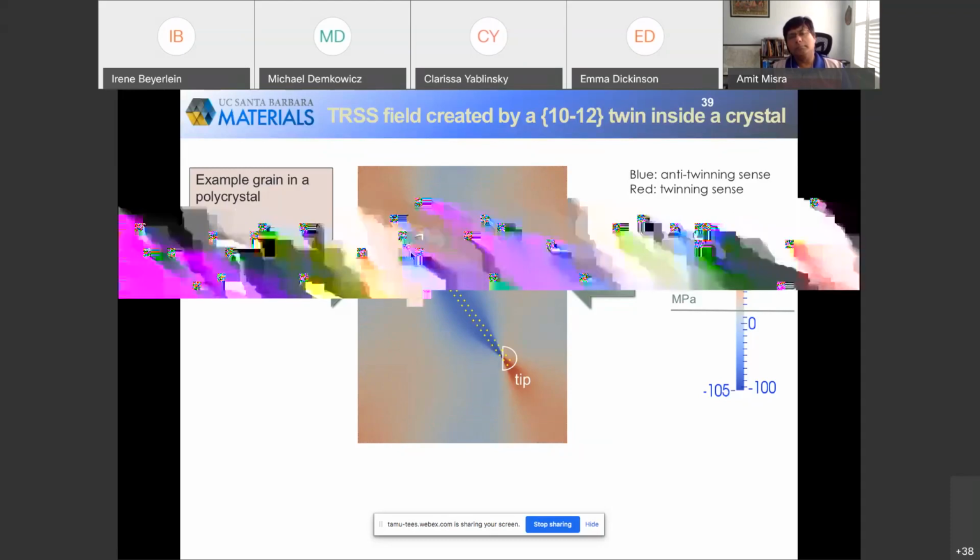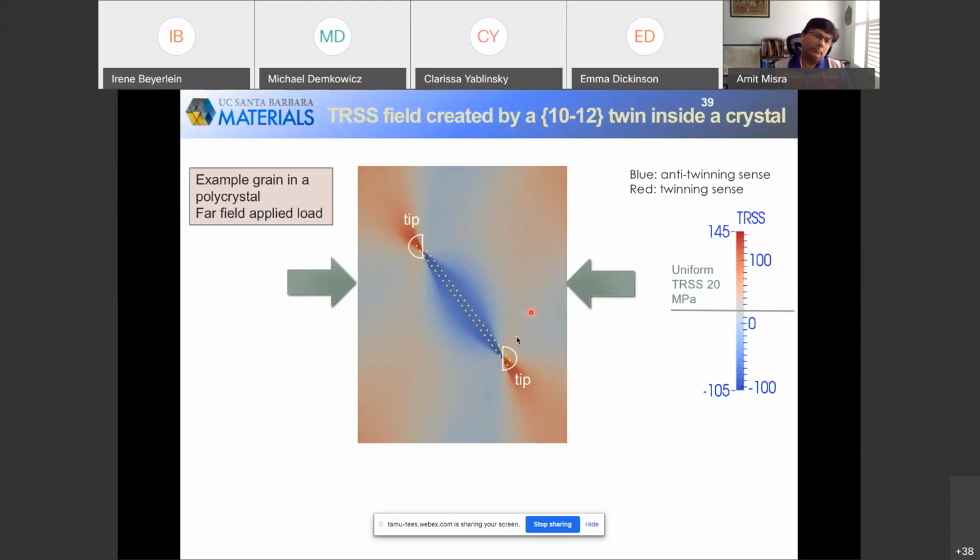Again, what we're plotting here is the twin resolved shear stress. Anytime we see red, the twin resolved shear stress is pointing in the positive twinning direction. And if it's intense red, then it's an intense amount of stress.